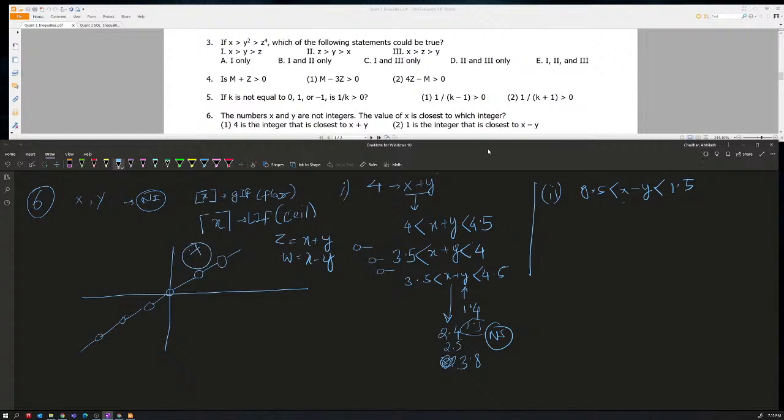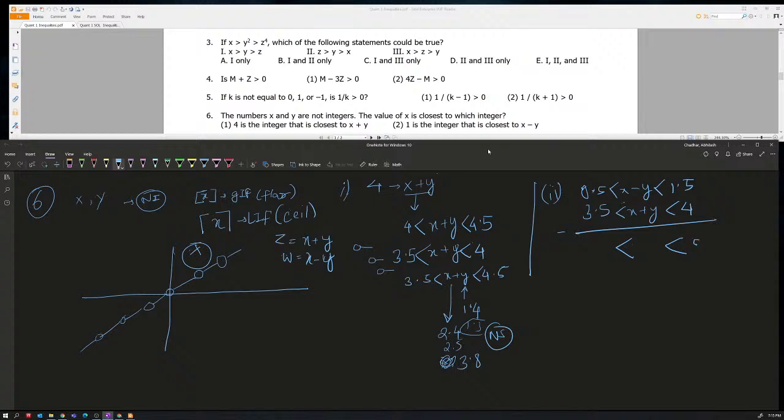So how will you solve this? Better is to take some values. We know we take standard values, but here there are two variables, so what we'll do is try to eliminate one of them. We have 3.5 less than x plus y less than 4.5, and 0.5 less than x minus y less than 1.5. Let's add everything.